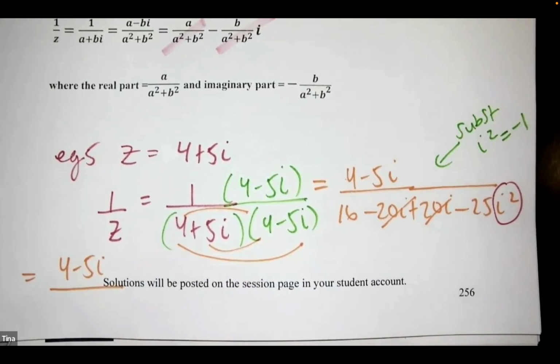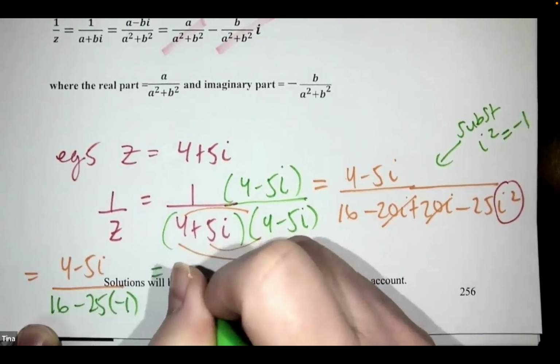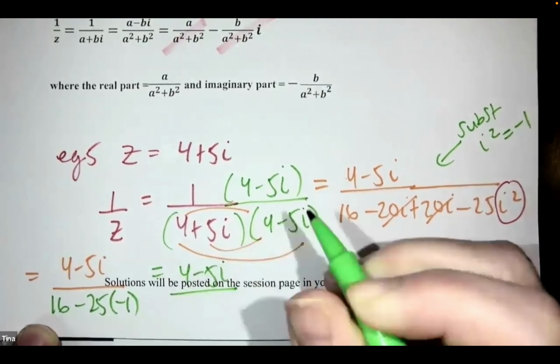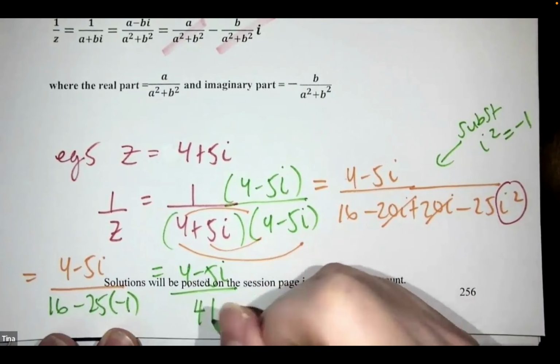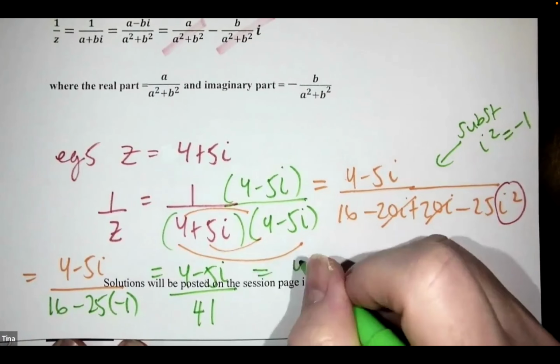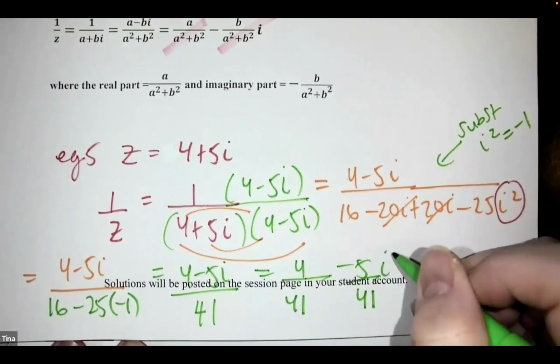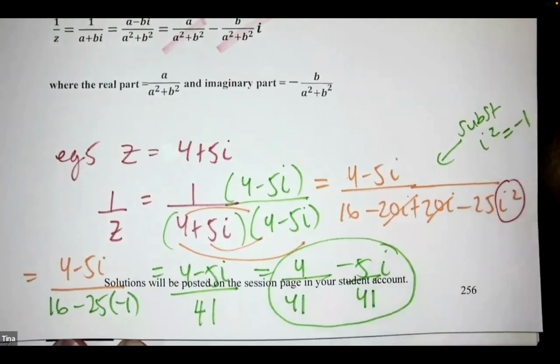Well, if that's negative 1, then we get 16 minus 25 times negative 1, which is 41, which is like 4 over 41 minus 5 over 41i.